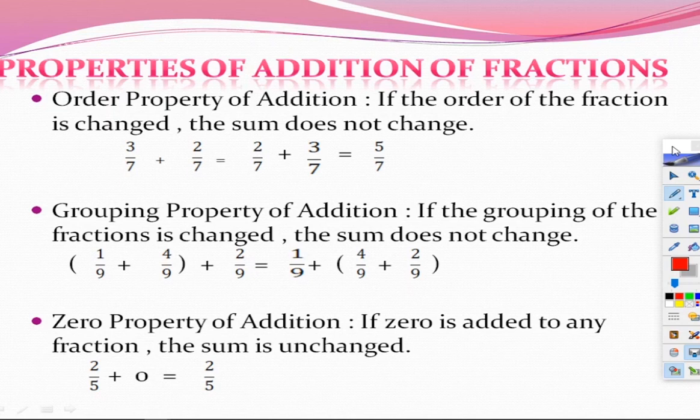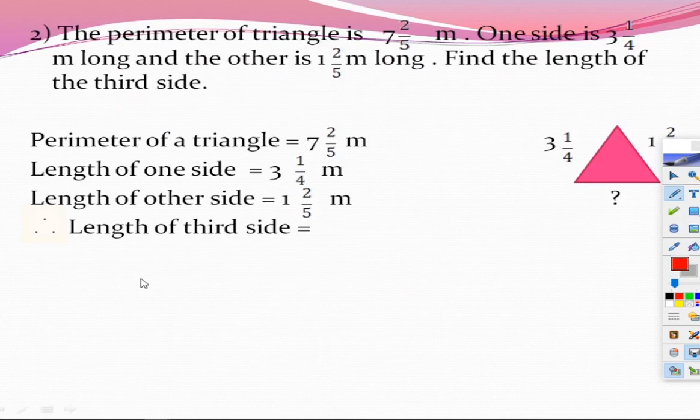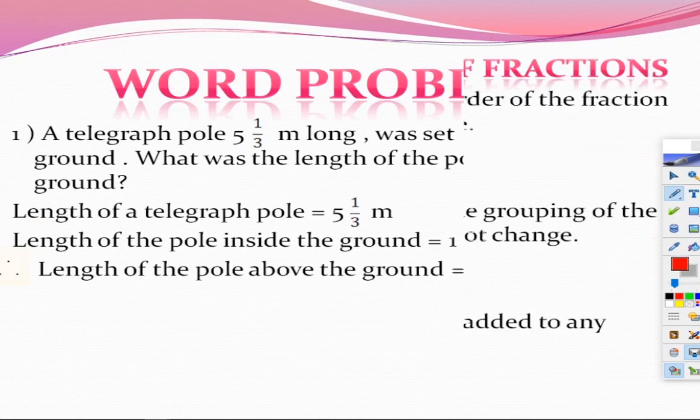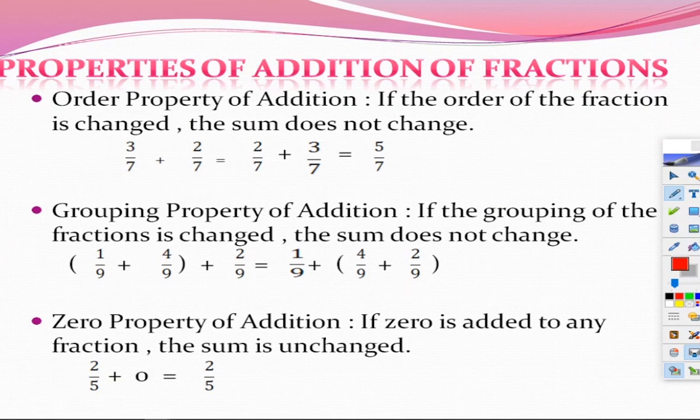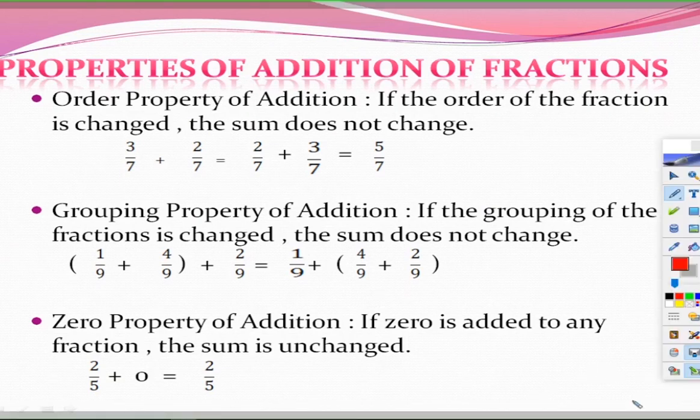Next is the grouping property of addition. In the grouping property of addition, if the grouping of the fractions is changed, the sum does not change. Here you can see that 1 by 9 plus 4 by 9 is equal to 5 by 9.